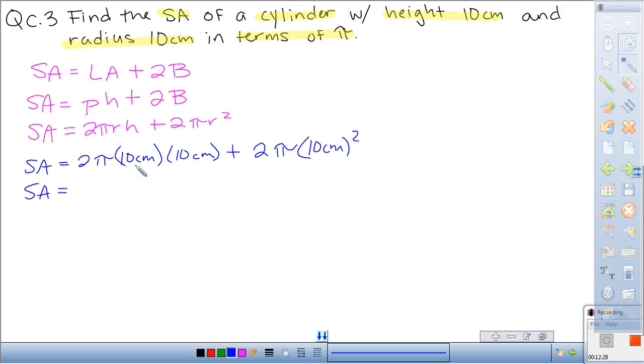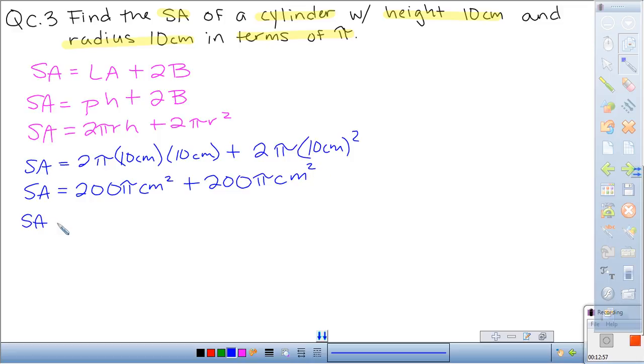Surface area equals 10 centimeters times 10 centimeters, 100 centimeters squared, times 2, 200 centimeters squared, times pi, 200 pi centimeters squared, plus 2 times pi times 10 centimeters squared. 10 centimeters squared is 100 centimeters squared, times 2, 200 centimeters squared, times pi, 200 pi centimeters squared.